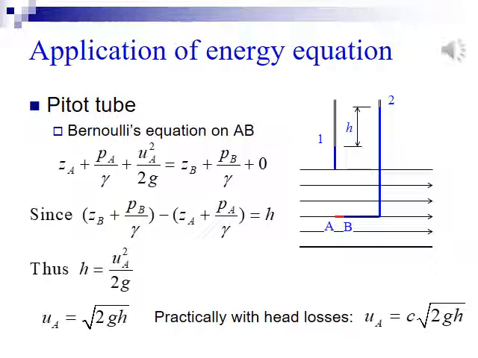Then we find UA. If friction and other influences are counted in, we should add a factor C to correct the ideal result. This factor will be calibrated in the laboratory by the manufacturers.